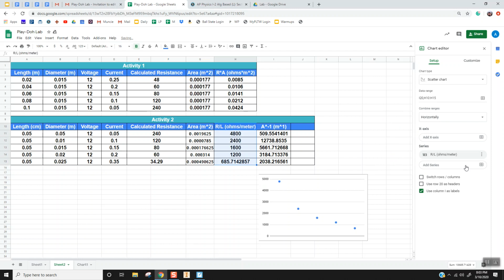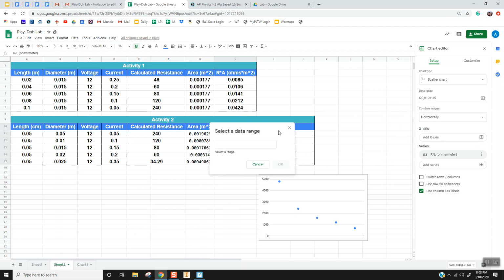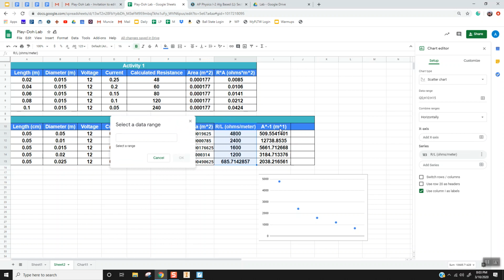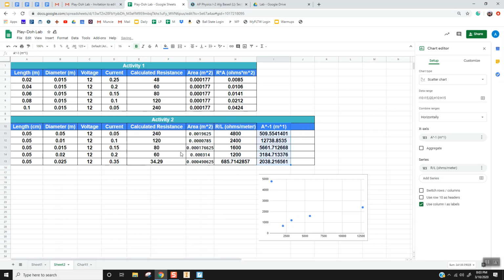Click OK there. The x-axis should be this range right here. Click OK. And it looks like something is a little bit off. Let's just keep going with it and see where we can go from there.